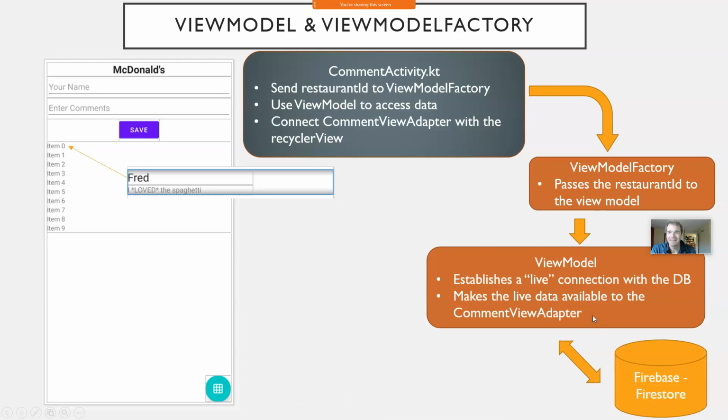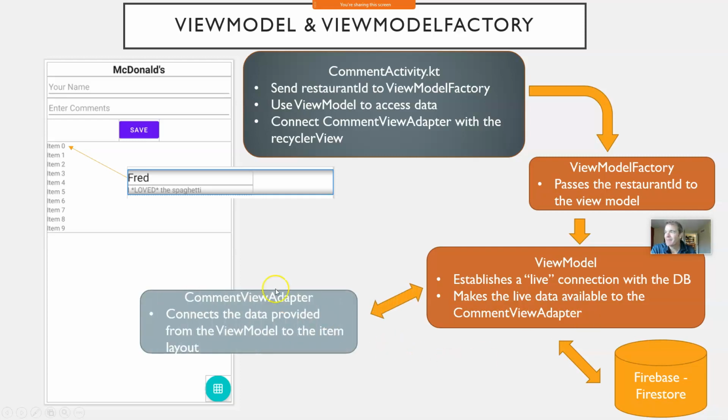Okay, so that's the connection to Firebase's Firestore. And then whenever you have these recycler view items, we have to have an adapter, something that takes our data, which is in the view model, and puts it into these layouts.